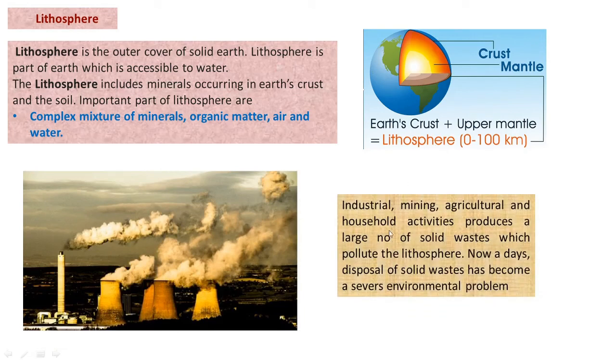Industrial, mining, agriculture and household activities produce a large amount of solid waste which pollutes the lithosphere. Nowadays the disposal of solid waste has become very difficult for the environment.